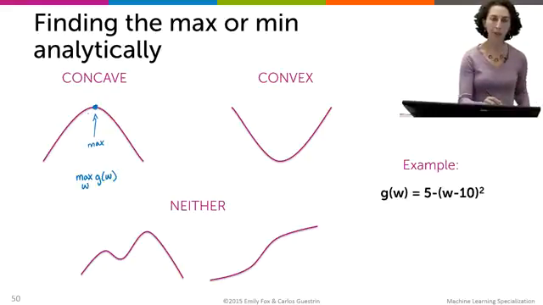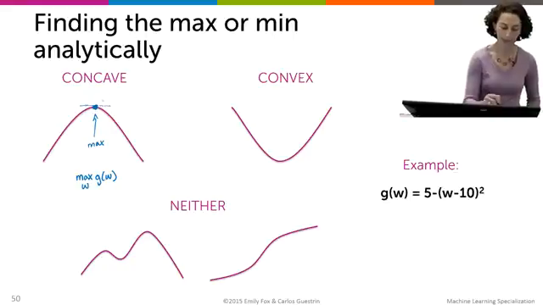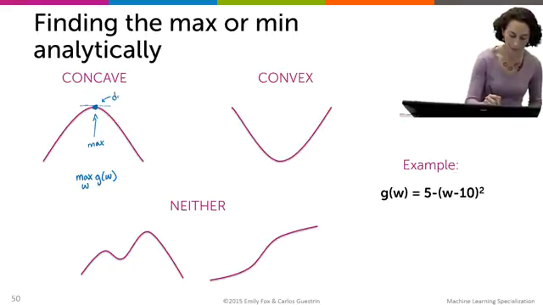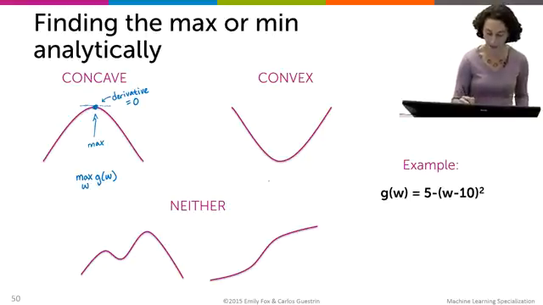And so what's the property of this concave function at this point? Well, what we know is that this is the point where the derivative is 0. So there's no rate of change of this function at this point. And what about a convex function if we're seeking to find min over all w of g of w?